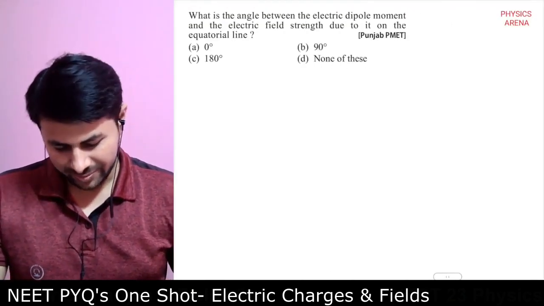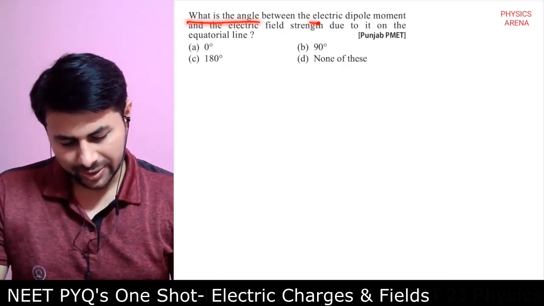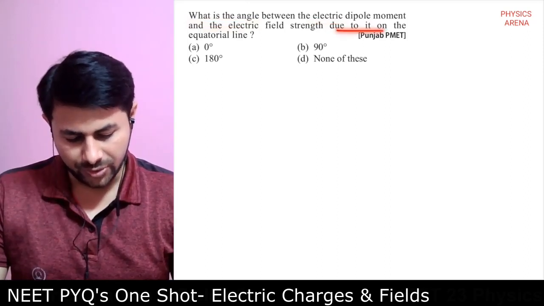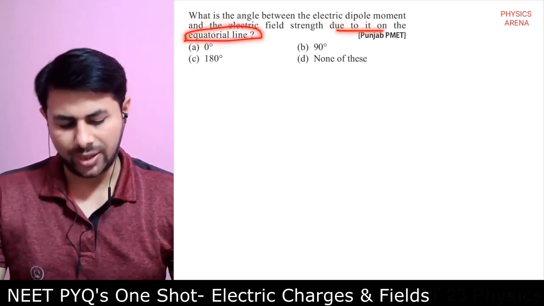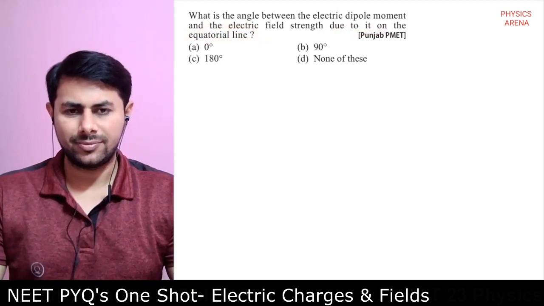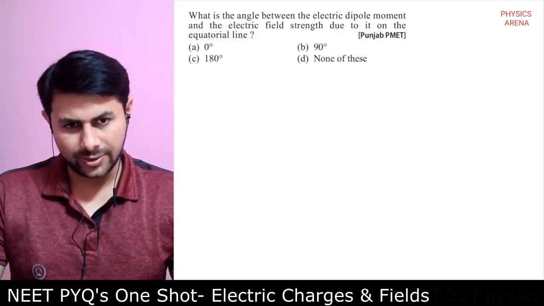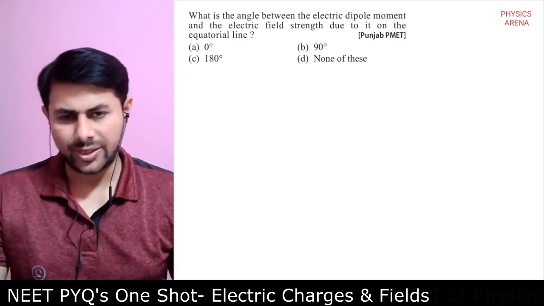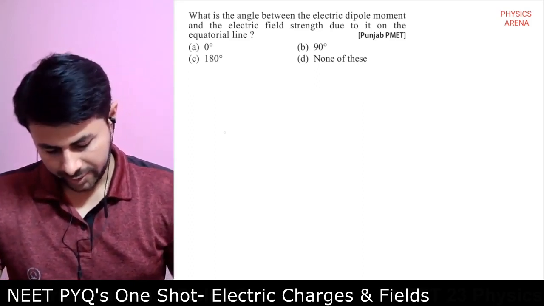Next question. What is the angle between the electric dipole moment and the electric field strength due to it on the equatorial line? Tell me. Option A, 0 degrees. It is 180 degrees. Okay.